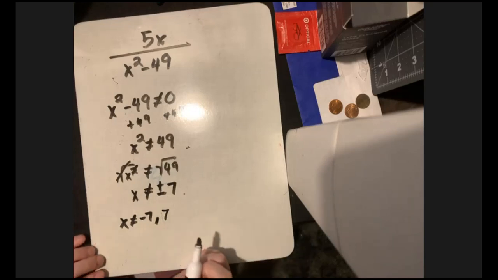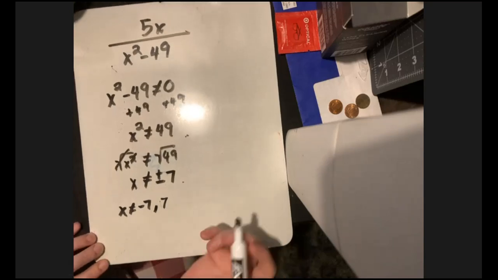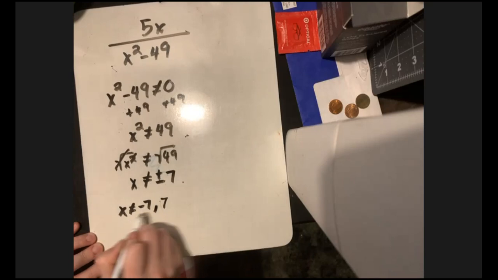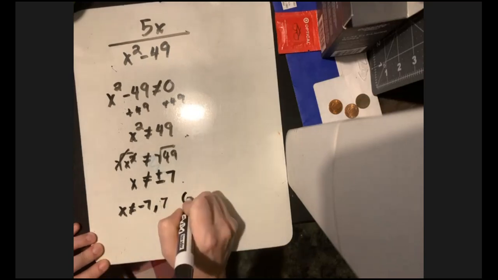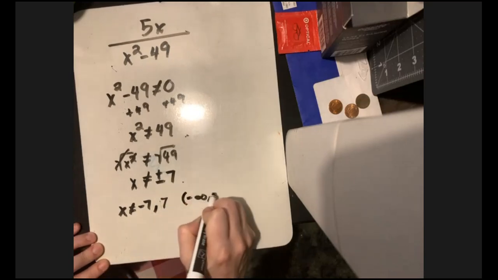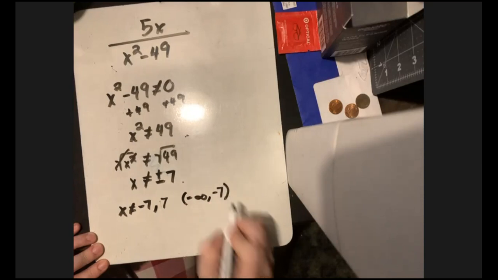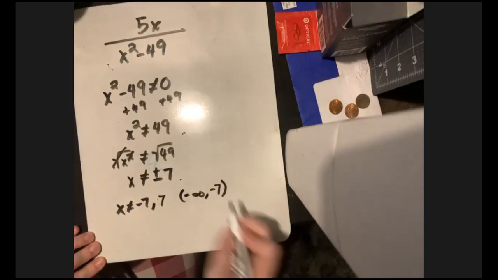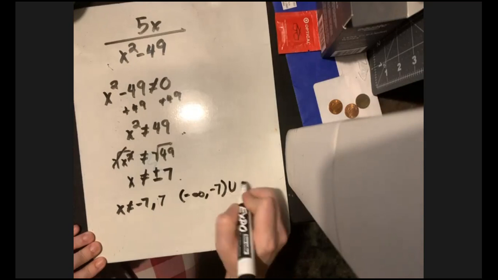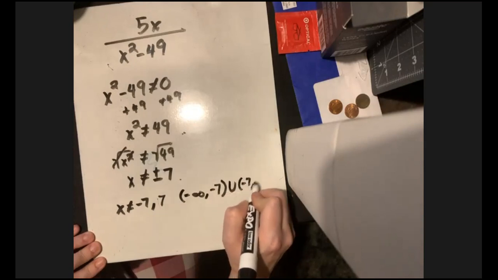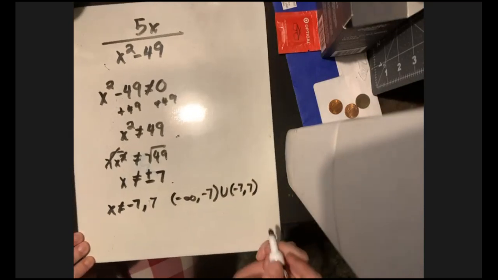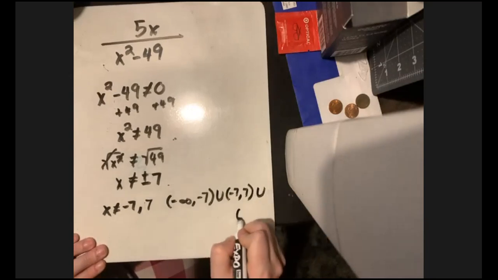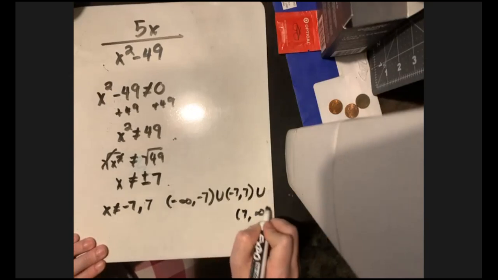So we just kind of list and say, hey, these are the numbers that are off limits. If they're trying to write this in interval notation, these are the only two numbers that are off limits. So we would have -∞ to -7 with an open parenthesis on it, saying that we're not actually using -7, unioned with -7 to 7, and then union with 7 to infinity.